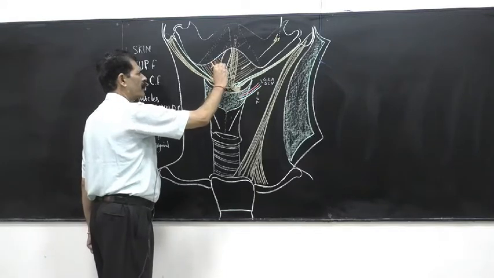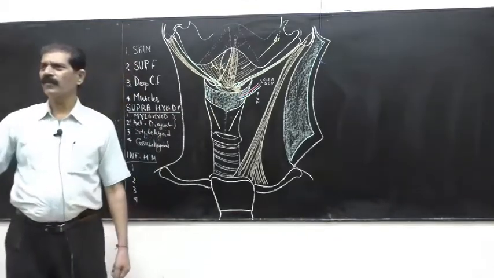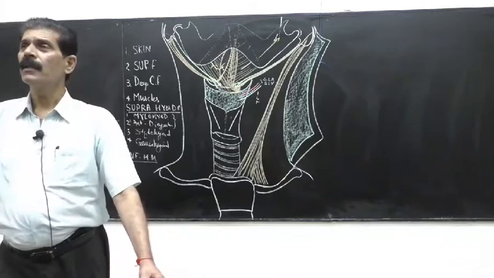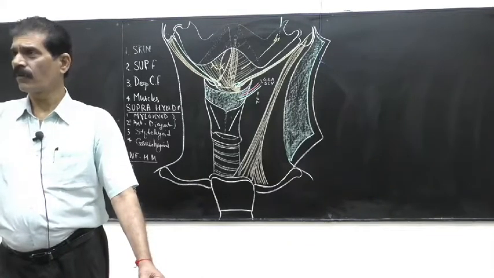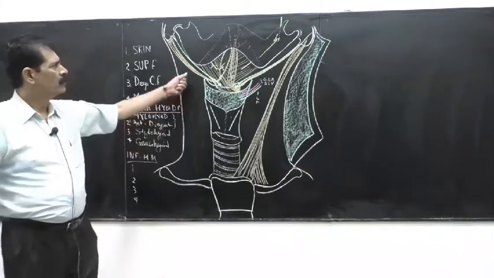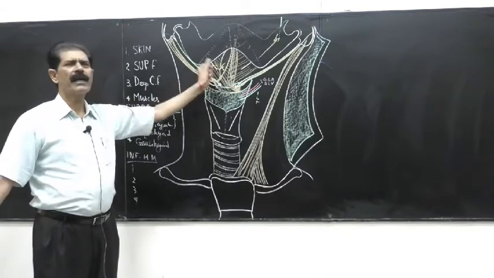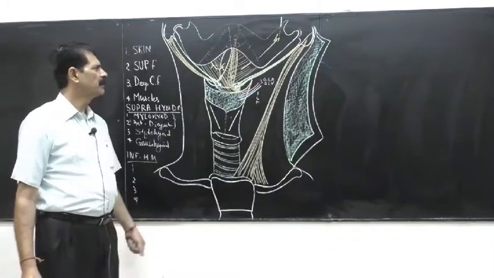After supplying mylohyoid, it supplies the anterior belly of digastric and ends. This is the course of the nerve to mylohyoid, the branch of the inferior alveolar nerve, the only motor branch of the posterior trunk of the mandibular nerve. That is the fate of the nerve to mylohyoid.